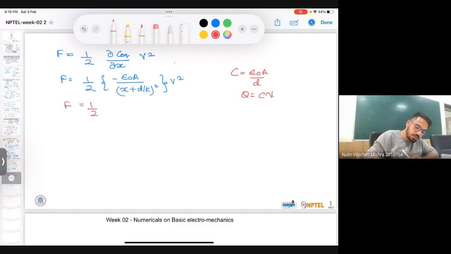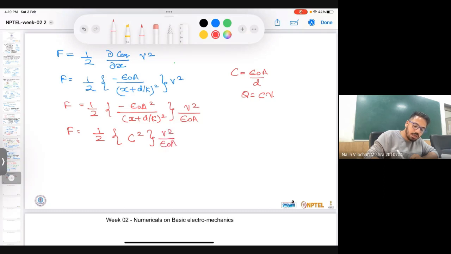So in this we will multiply epsilon naught times A and divide it, and this can be written as C. So it will be C square V square by epsilon naught A, and according to this, the electrical force can be written as Q square by epsilon naught A, and this is the minus charge.